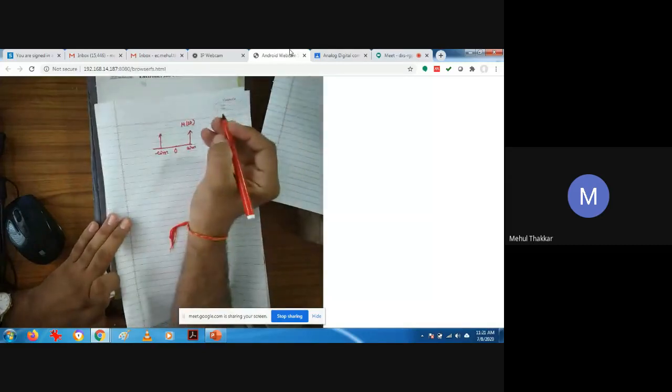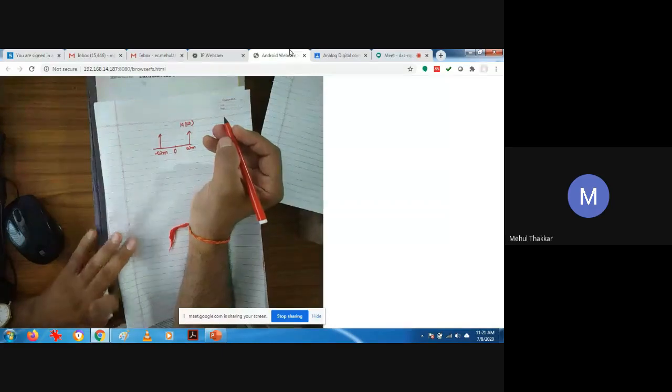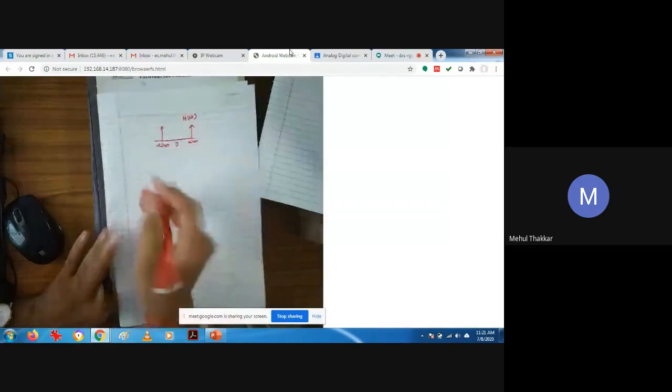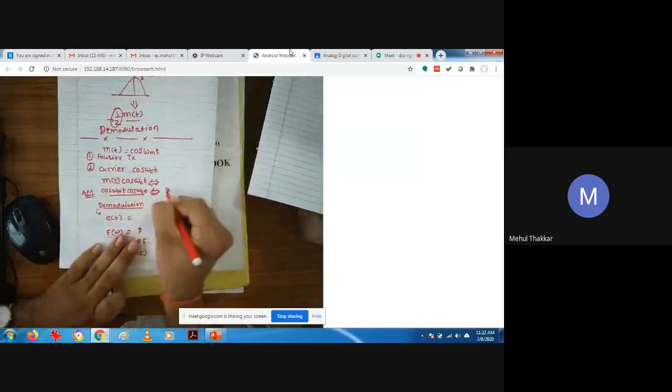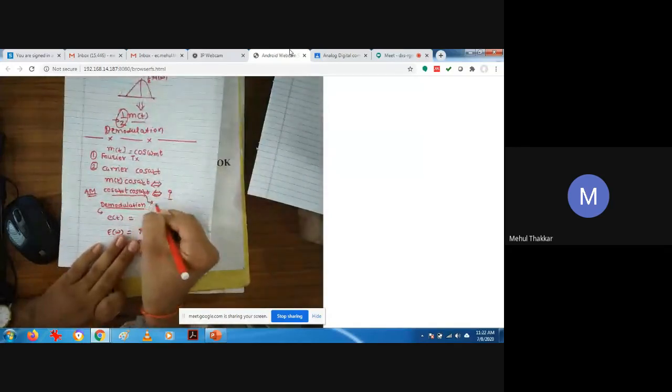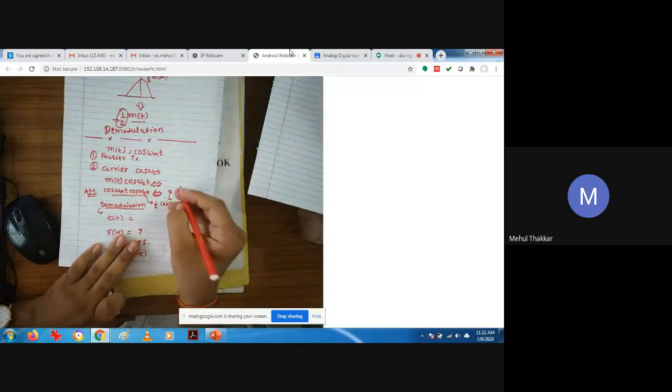Now I have to multiply it with the carrier signal to generate AM. So I'll be getting cos (omega c plus omega m) and cos (omega c minus omega m). This is cos omega m into cos omega ct. In the time domain, if I write the equation of cos into cos this way, I'll not be able to cover the content, but let me write it for this numerical.